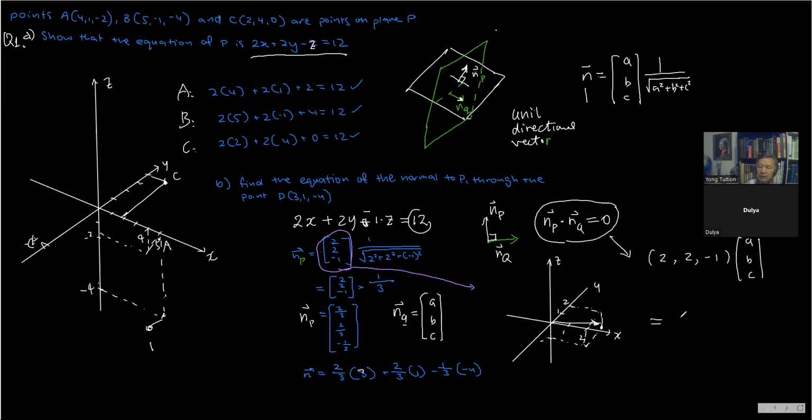So that will equal 2A plus 2B take C must be equal to 0. That represents the dot product, right? Is that enough to solve A, B, C? Yeah. A equals -1.